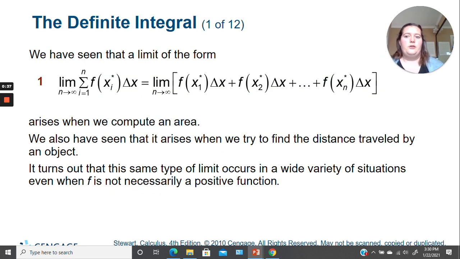That's what we learned in section 5.1, that the area under a curve could be approximated by the summation from i equals 1 to n of your function value, plugged in some x value in the interval, times your delta x. And if you do more and more rectangles, so more and more subintervals, then that gives you the area.